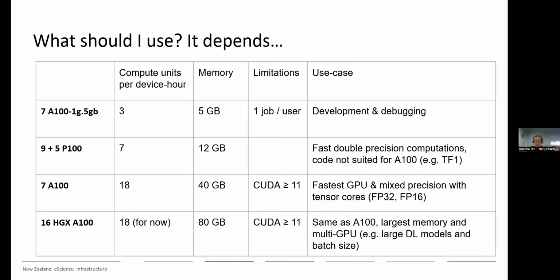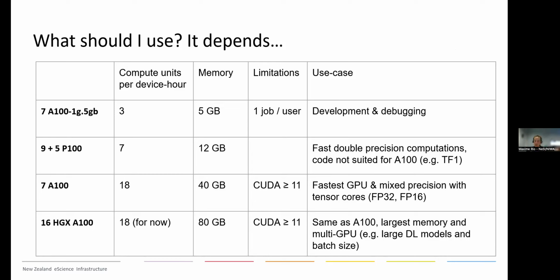The cheapest are the smallest ones that we dedicate to development and debugging, the A100 1g.5gb. Then come the P100s, which are a bit more expensive, and then the A100s. But then the P100, where do they sit here?